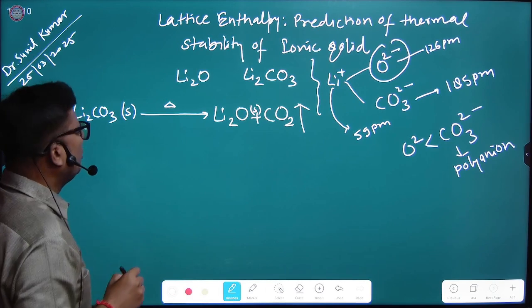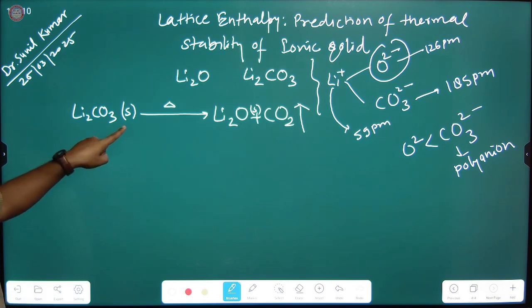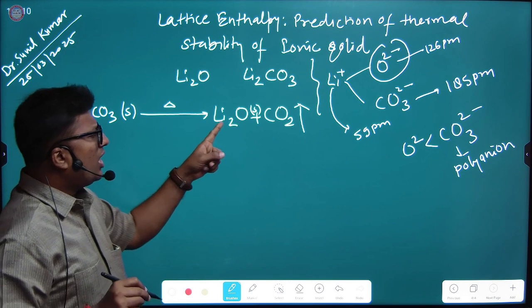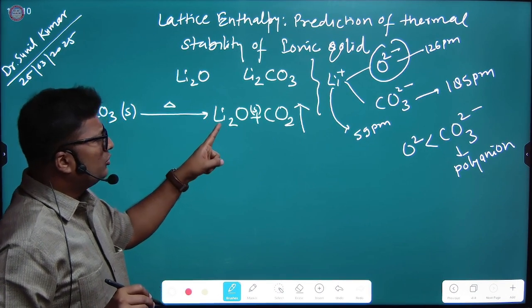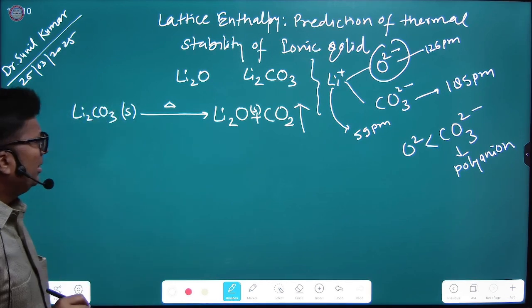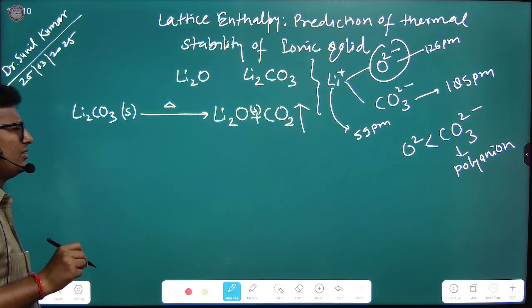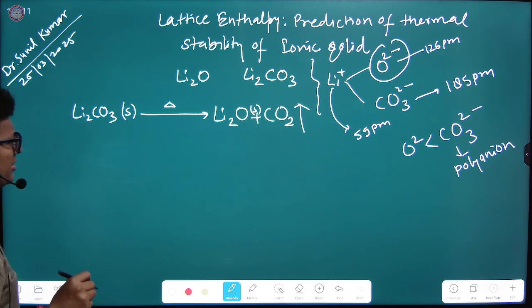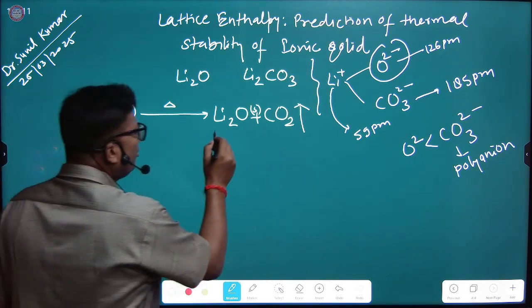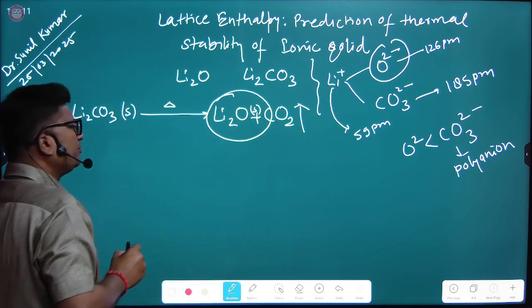So once this ionic compound, lithium carbonate, is heated, it decomposes into lithium oxide, a solid, plus carbon dioxide. Whether this reaction occurs in the forward direction, or it has a weak tendency, will be decided by lattice enthalpy.